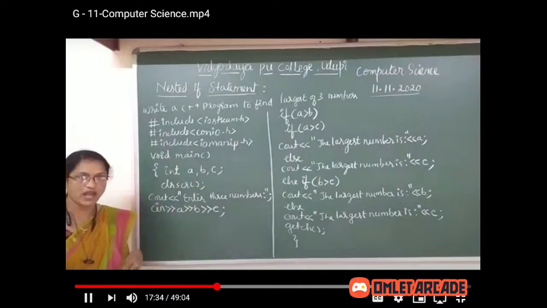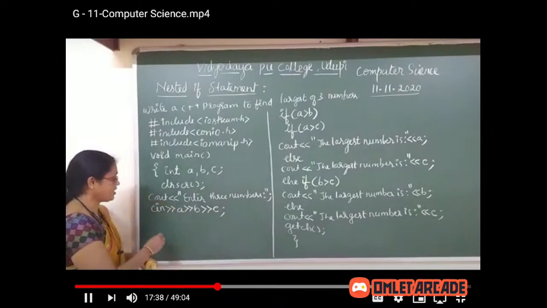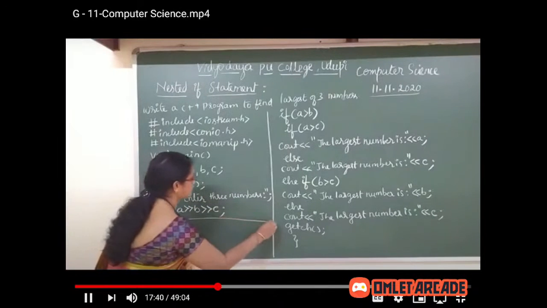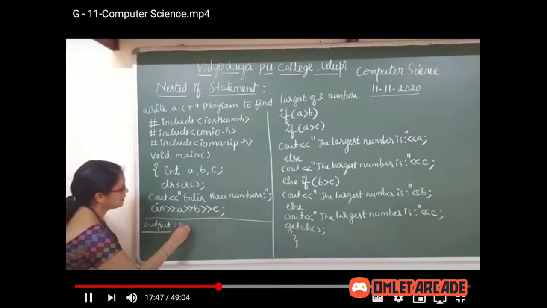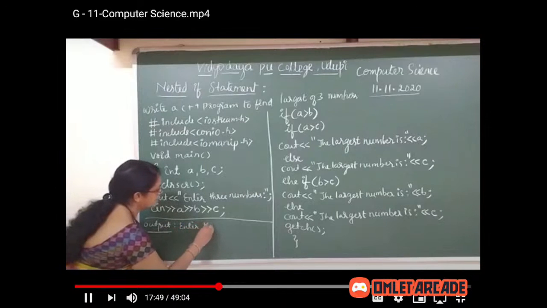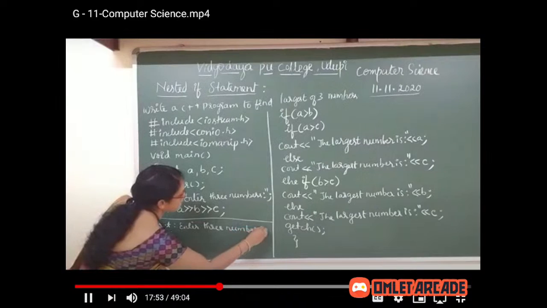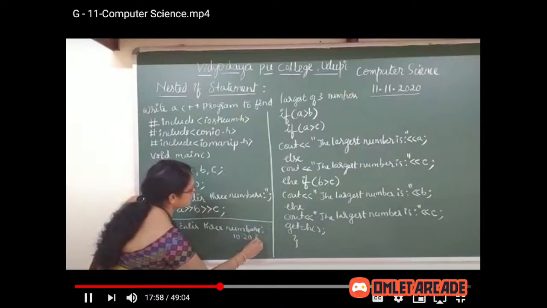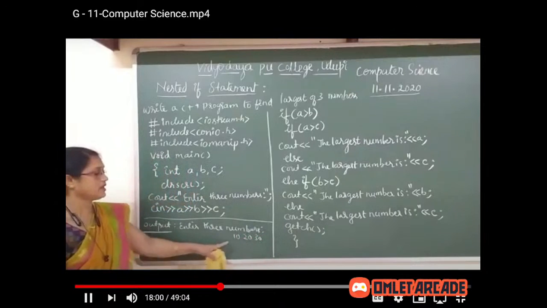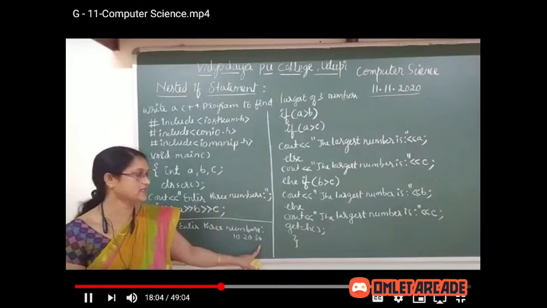In case you use three values, enter three numbers, for example 10, 20, 30. I'll write the output here: enter three numbers. So now, which will be the largest number? 30 is the largest number.